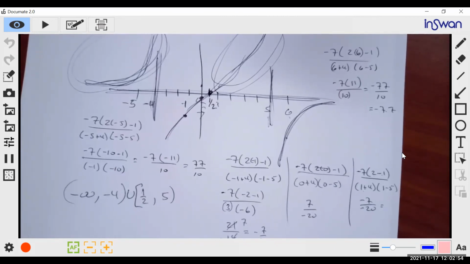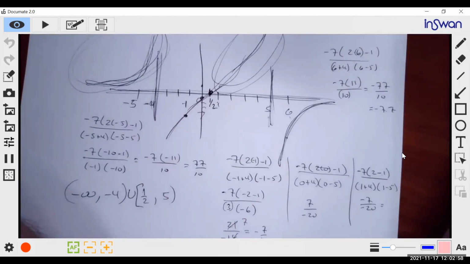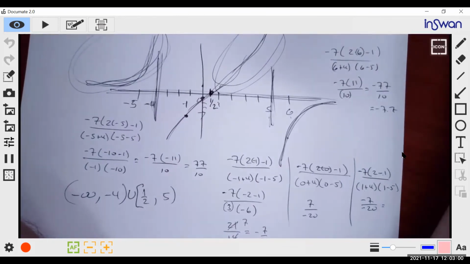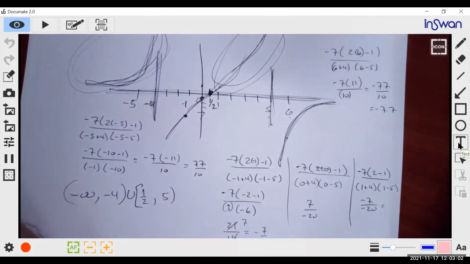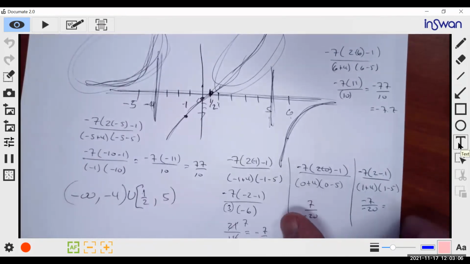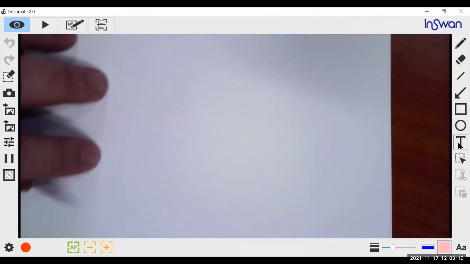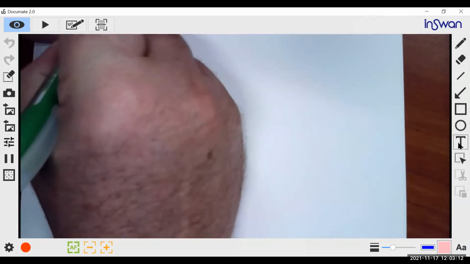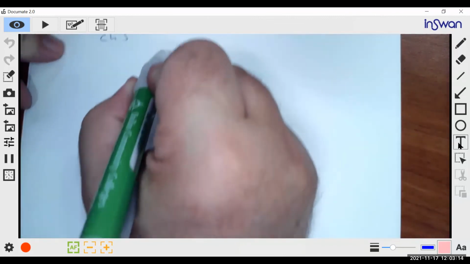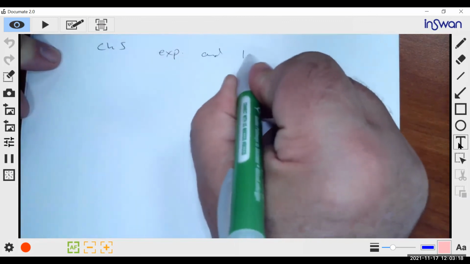All right, that about covers it. That's all of chapter 4. Yes, it is cumbersome. But from here on out, it's straightforward, just numbers. Because in chapter 5, we're going to deal with exponentials and logarithmics.